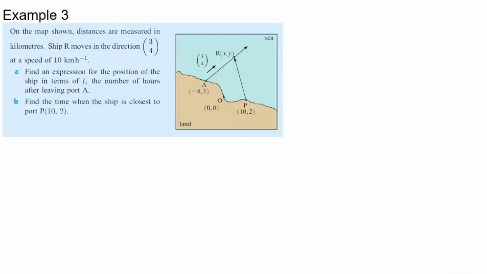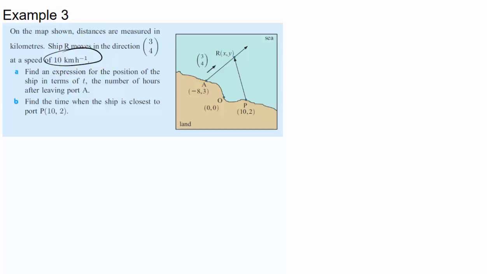So our next example, it looks like we have our origin. We have A, which is our initial position, which is -8, 3. Then we have a constant velocity vector of the direction 3, 4, and then we're being told what our speed is.